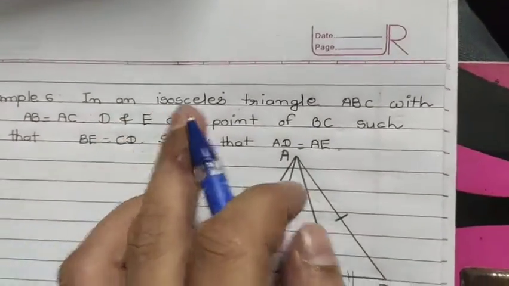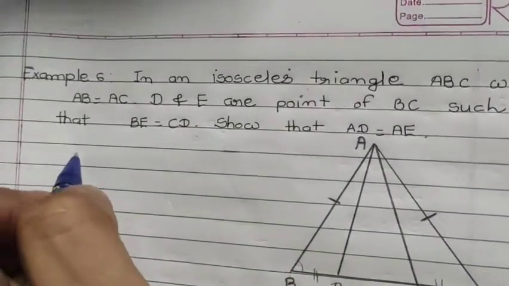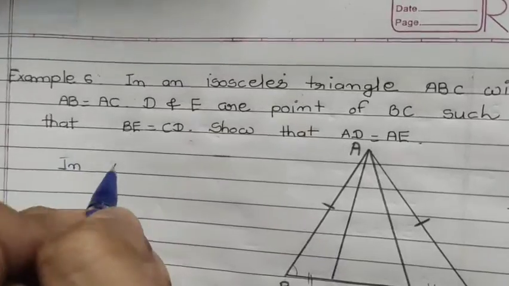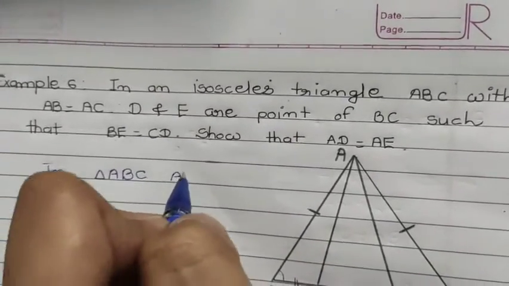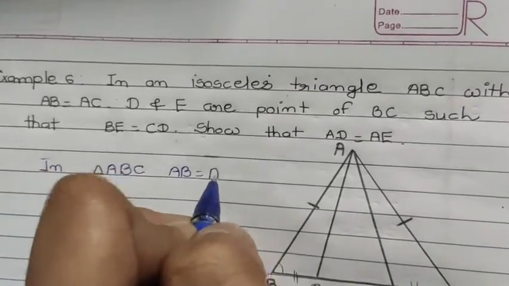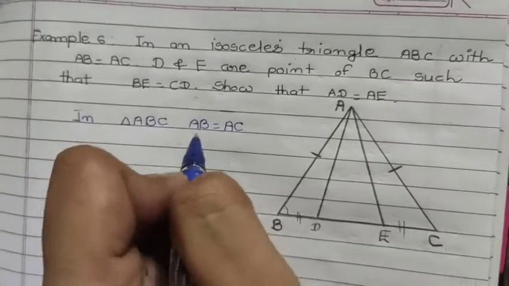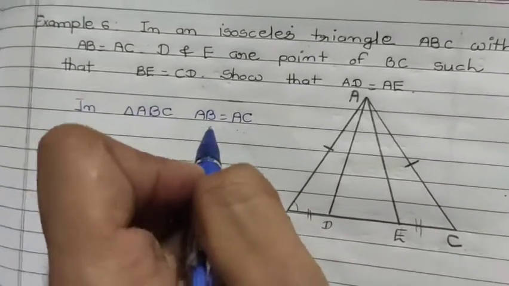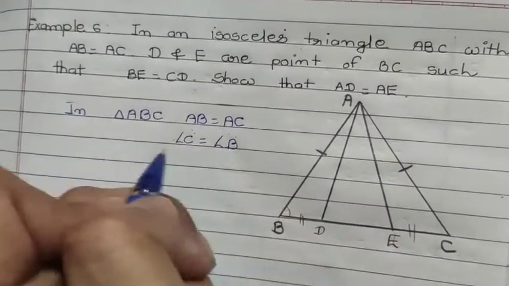Now in isosceles triangle ABC, AB is equal to AC. So in triangle ABC, AB is equal to AC is given. That means the opposite angles to these two sides will be equal. Here it is angle C and here it is angle B, right?